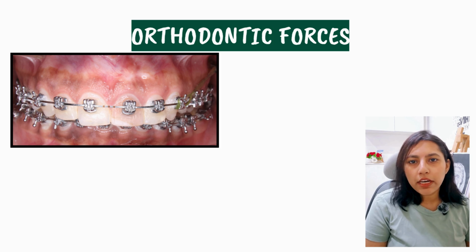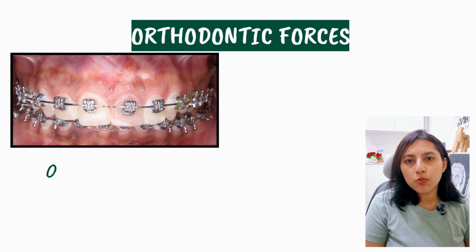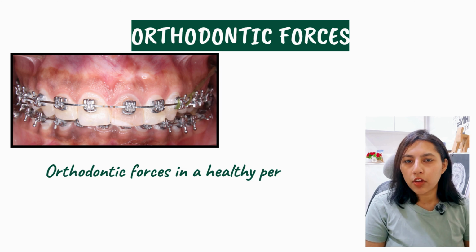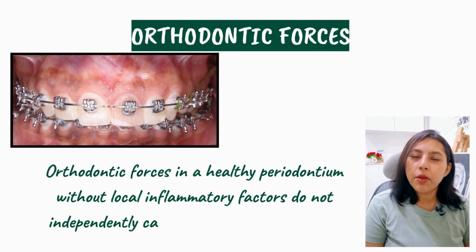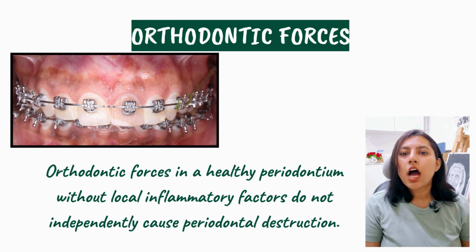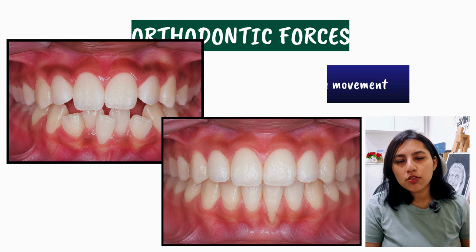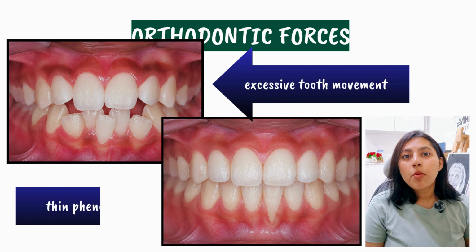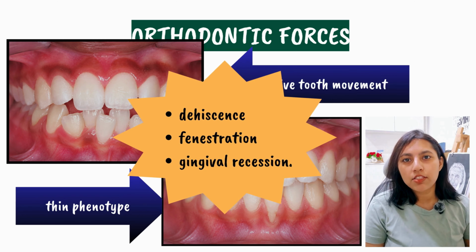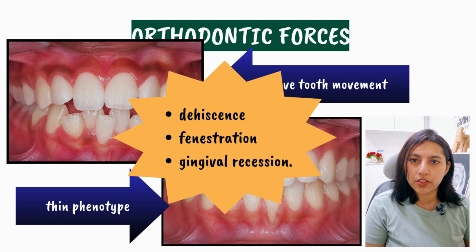Now, according to current evidence, orthodontic tooth movement alone does not directly cause attachment loss, provided inflammation is controlled and periodontal health is maintained. However, excessive movement outside the alveolar housing, especially in thin phenotype patients, may increase the risk of dehiscence, fenestration, and gingival recession.